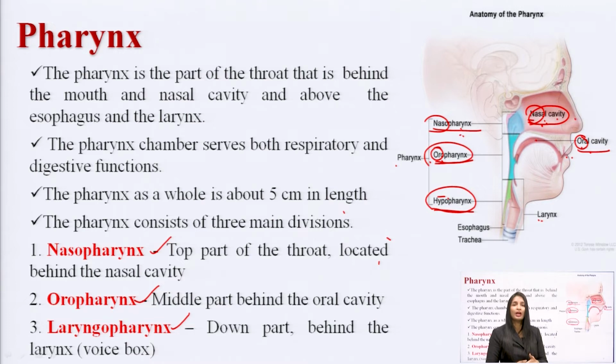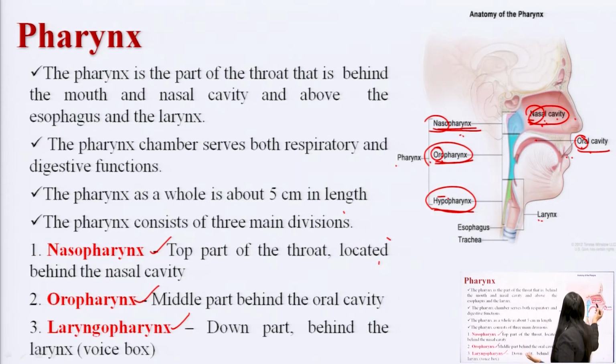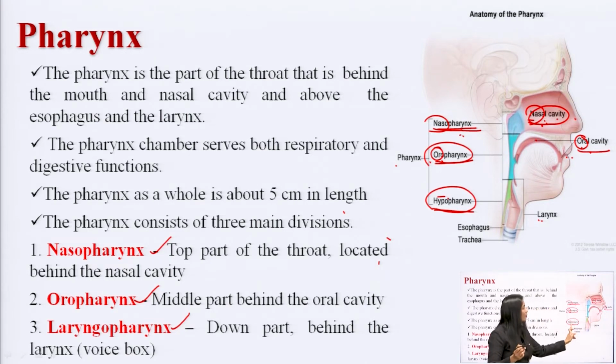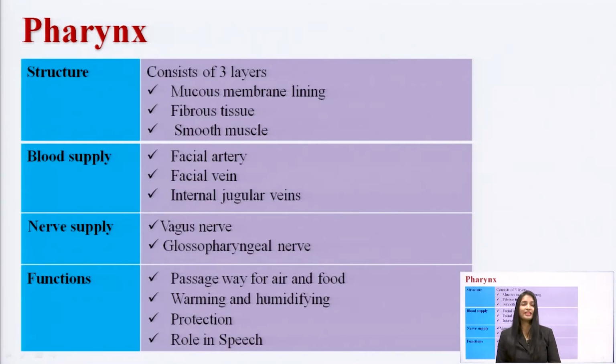One is the nasopharynx, second is the oropharynx in the middle portion, and finally the hypopharynx, which you can call the laryngopharynx, in the down portion of the pharynx. The nasopharynx is behind the nasal cavity, the oropharynx behind the oral cavity, and the hypopharynx behind the larynx. Next we will discuss the structure of the pharynx, its blood supply, nerve supply, and functions.